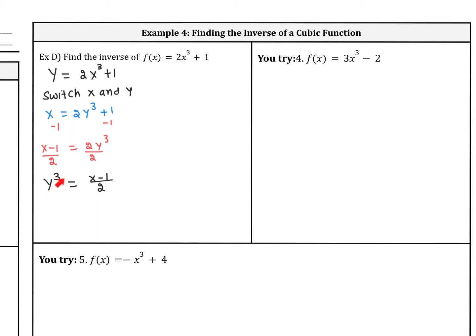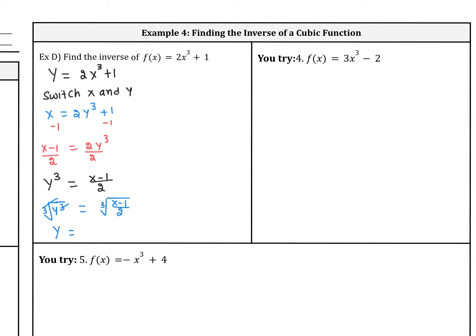So to remove the cube, we have the opposite operation, and that's going to be a cube root on both sides. So you take a cube root on both sides. The cube root of (x minus 1) over 2, and whenever we take cube root, we do not have to write plus or minus. This and this cancel.